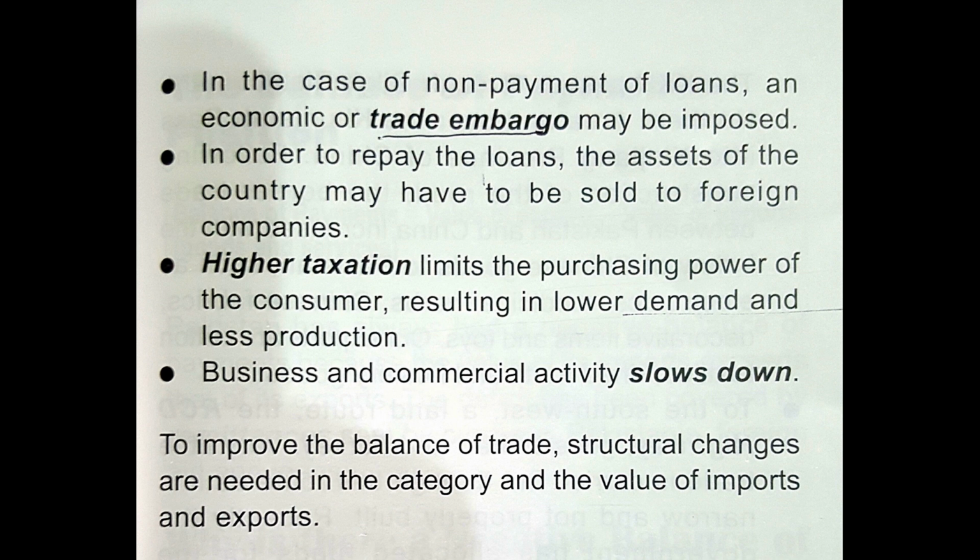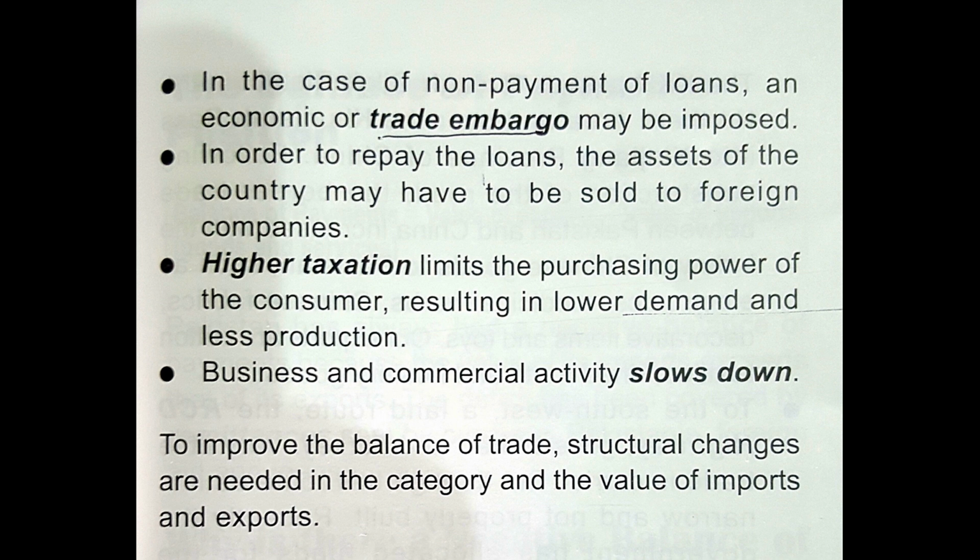Business and commercial activity slows down as there is less production. Similarly, it will affect the business and commercial activities and lessen these activities. To improve the balance of trade, structural changes are needed in the category and the value of imports and exports.